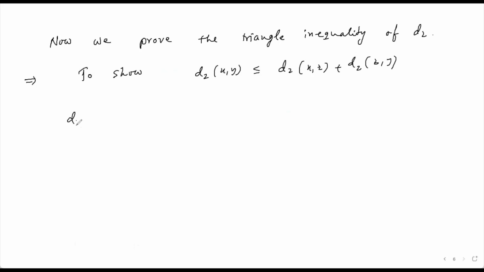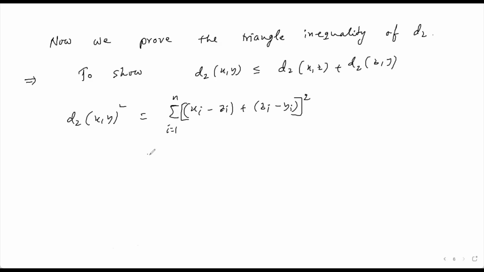So d2 of x comma y square is equal to the summation of xi minus yi whole square over i equal to 1 to n, and we may write this as xi minus zi plus zi minus yi whole square.